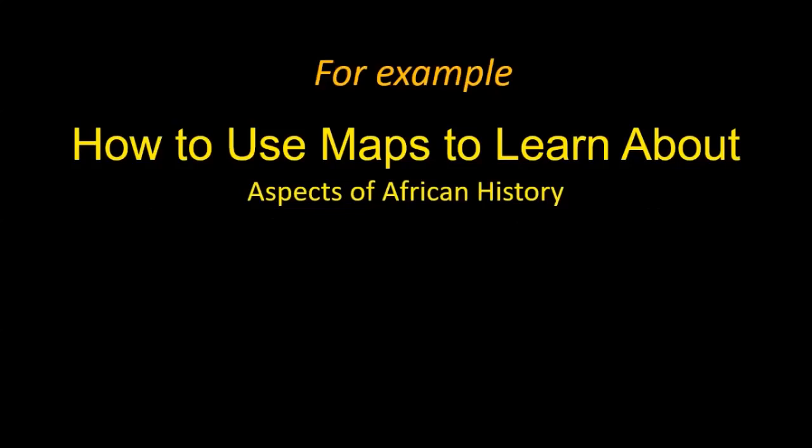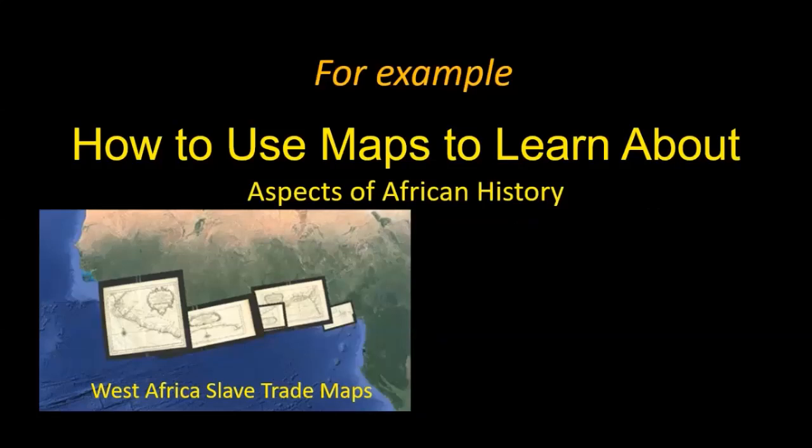we've used the Africa Map Circle to learn how to use maps in reference to African history. The West African slave trade is well mapped with maps from the 18th century, 17th century, even as far back as the 16th century, right up through the 19th century.